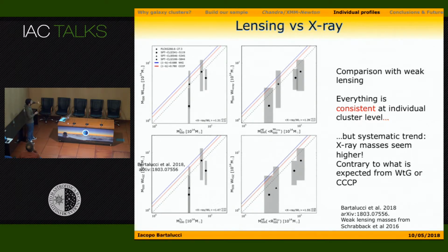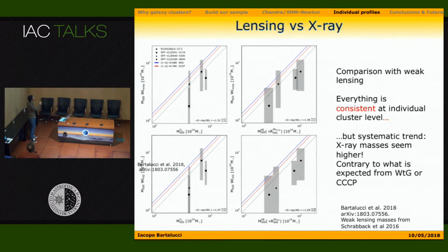But the problem is that there is a systematic trend: our masses seem to be higher than weak lensing. And this is a bit weird because actually what is predicted from other works, where they measure weak lensing masses using optical data, for example from Weighing the Giants or from CCCP, is actually the contrary.